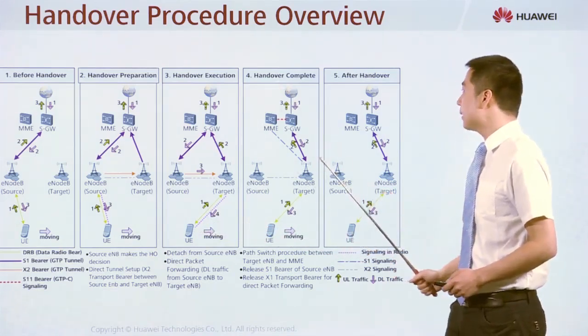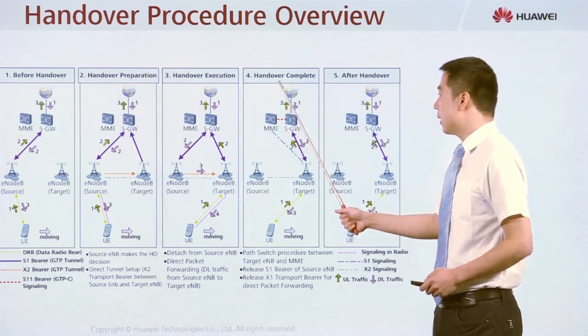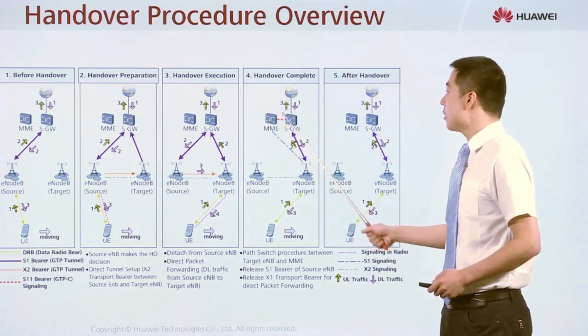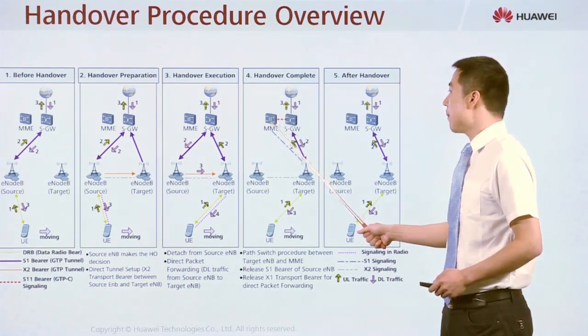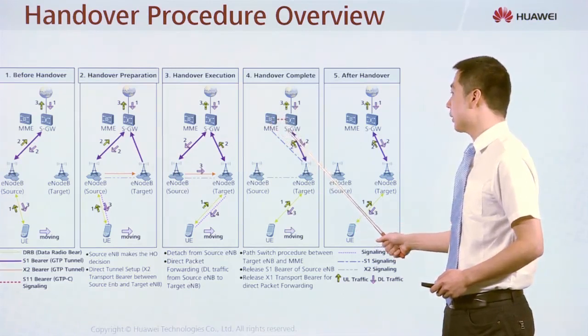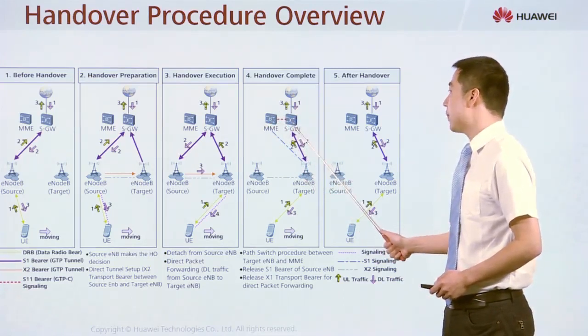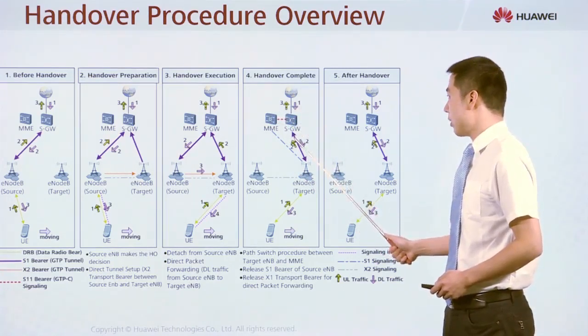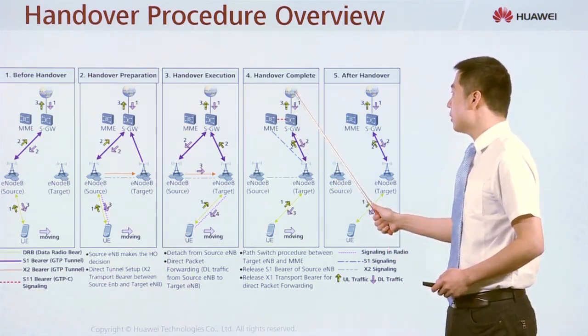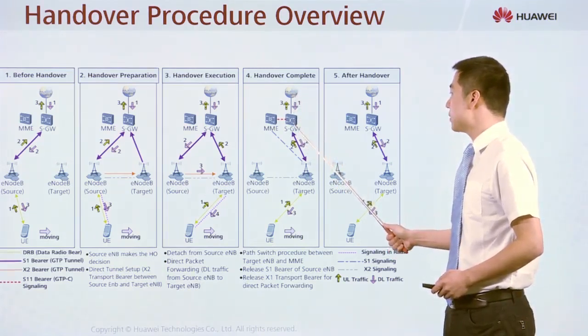At the handover complete procedure, the MME is involved. The MME controls the signaling. The MME will tell the SGW and the target eNode B to change the path. In the downlink, the internet sends the traffic to the SGW. Here, we change the path.